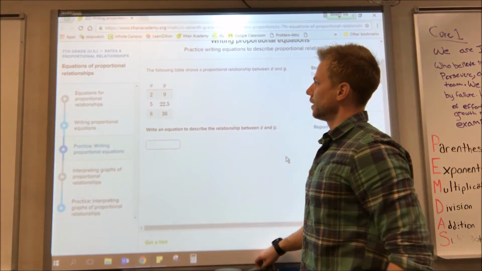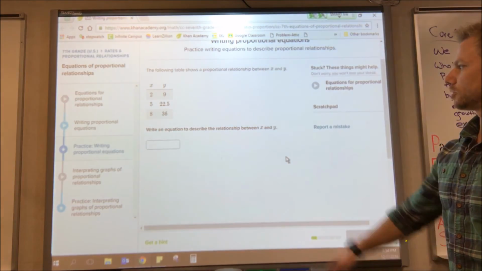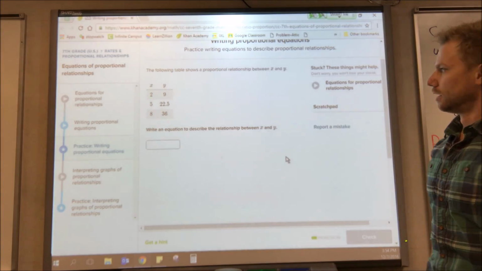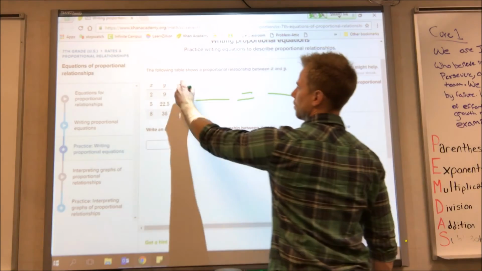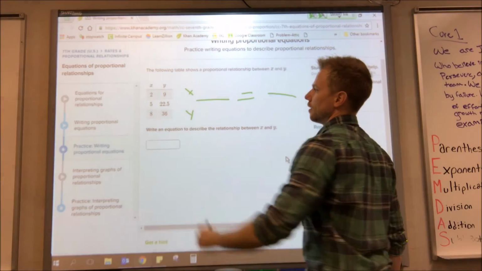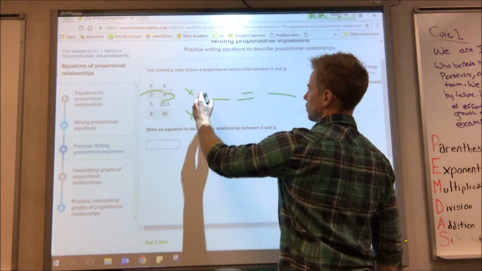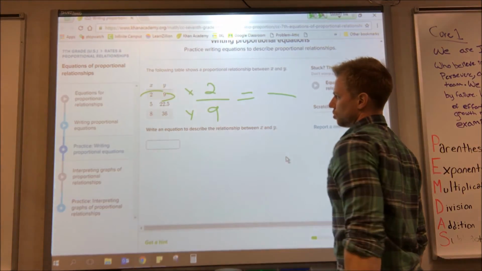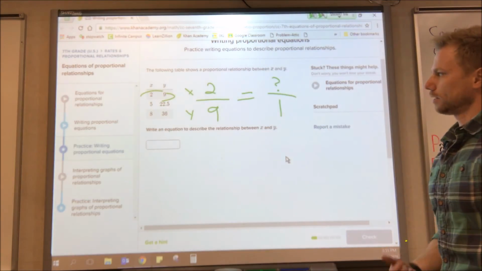Right, we have a table here giving us our ordered pairs. We need to write the equation between X and Y. So again, we'll set up a proportion. Our labels this time are just X and Y. So I'm going to pick the first one, smallest numbers. It's going to be a little easier. So 2 and 9, question mark in 1.